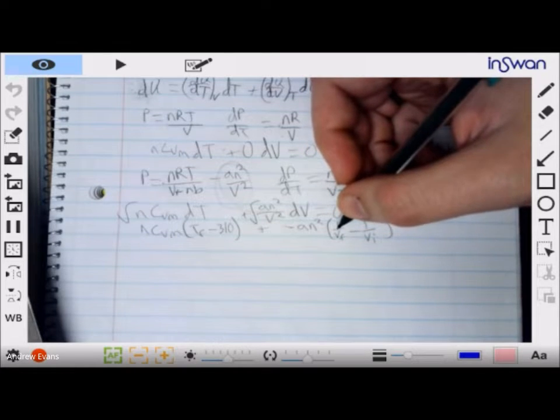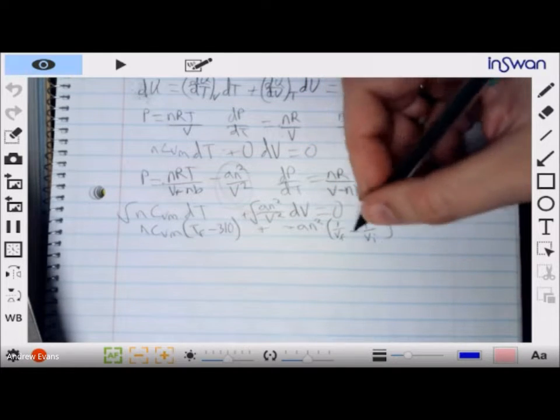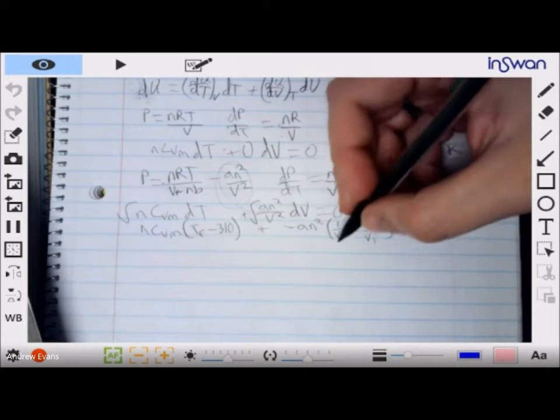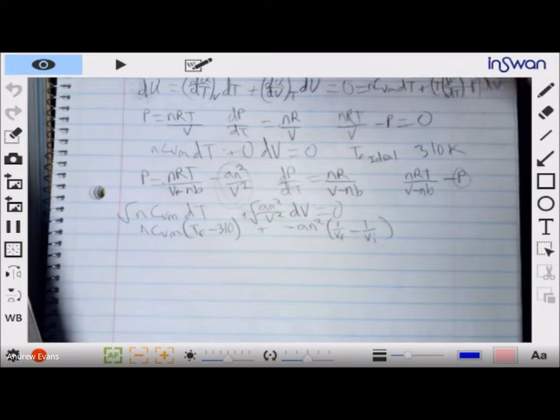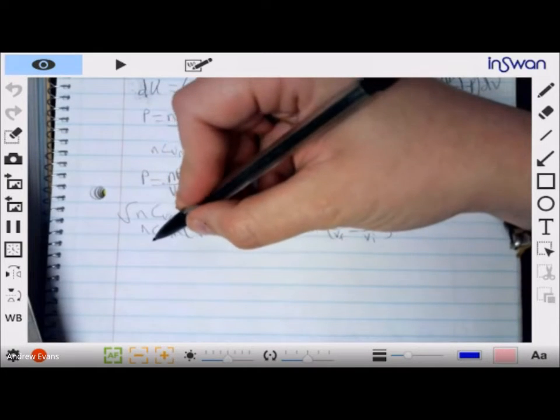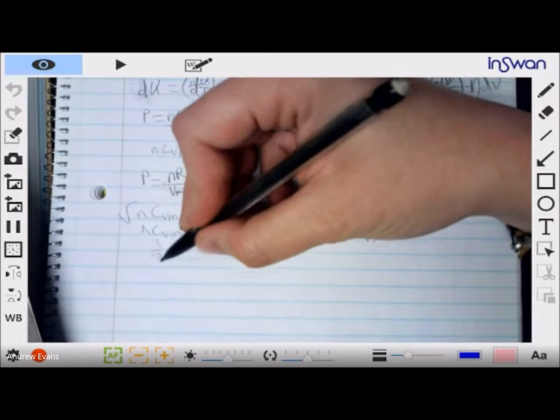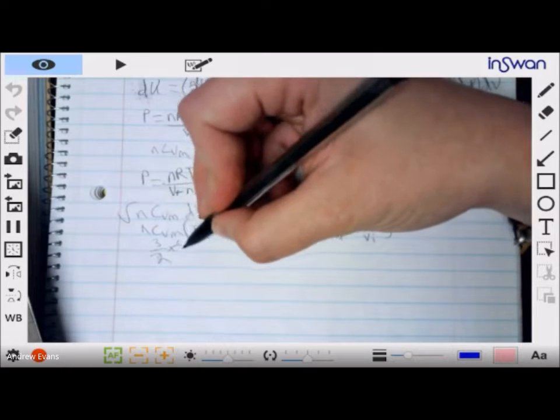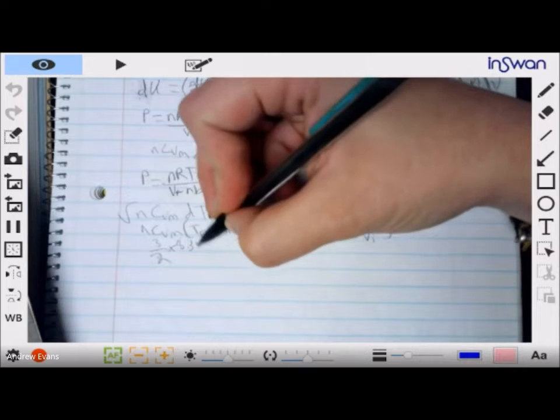Yes. Okay. And so we can now plug in our values. VF is given up there as 82 liters. VI is 8.5. So we have 3 over 2 times 8.314.